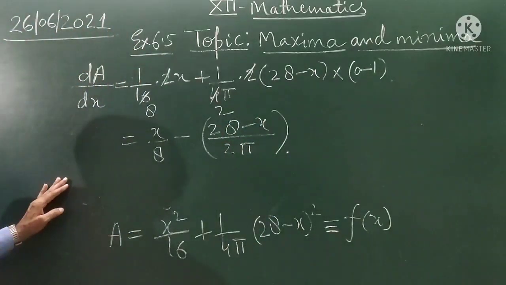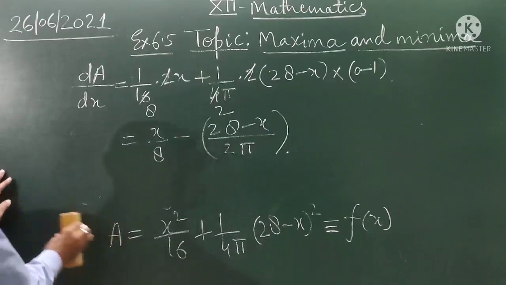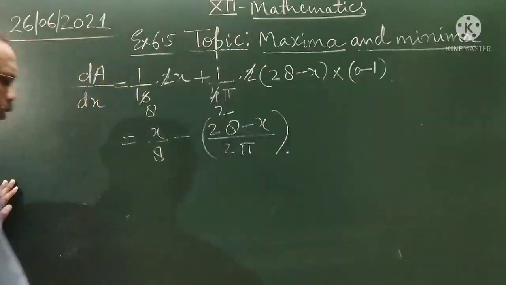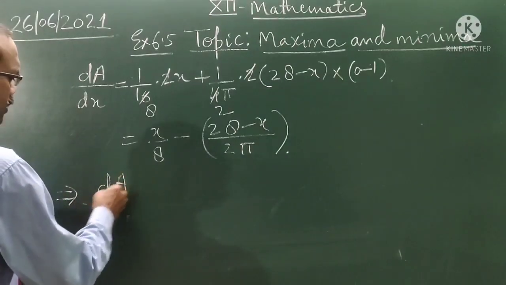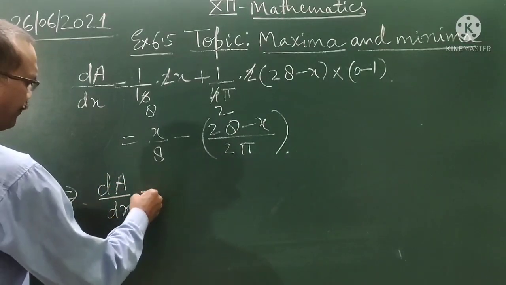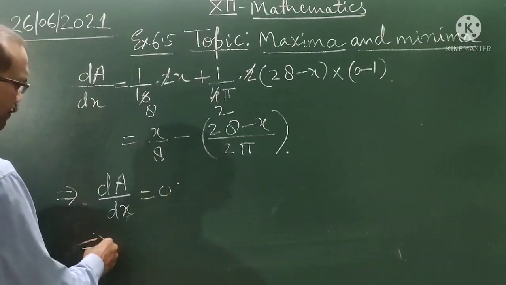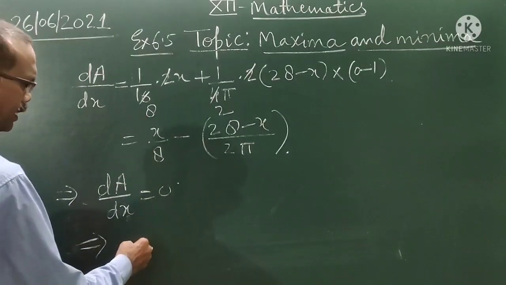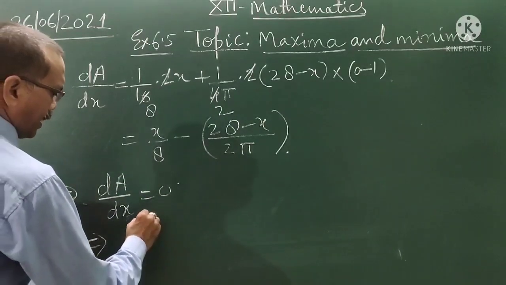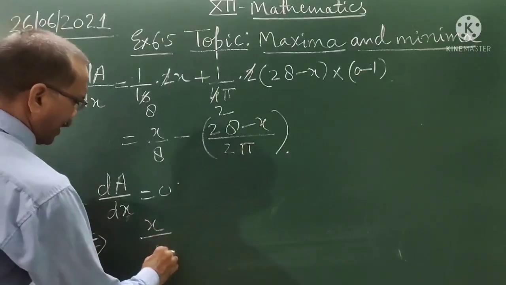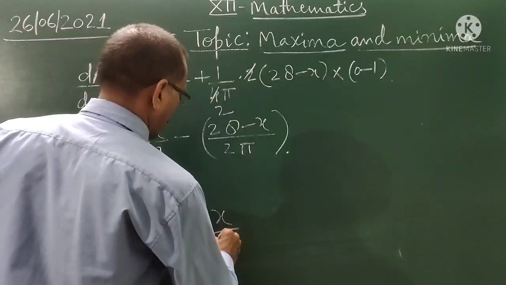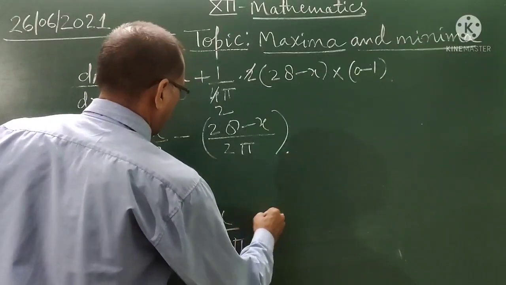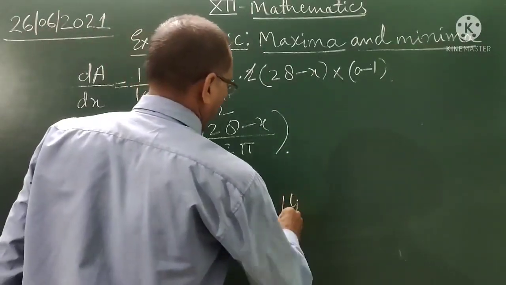Dear student, set the first order derivative to 0. So we get dA over dx equal to 0. From this, we get x upon 8 plus x upon 2 pi equal to 14 upon pi.